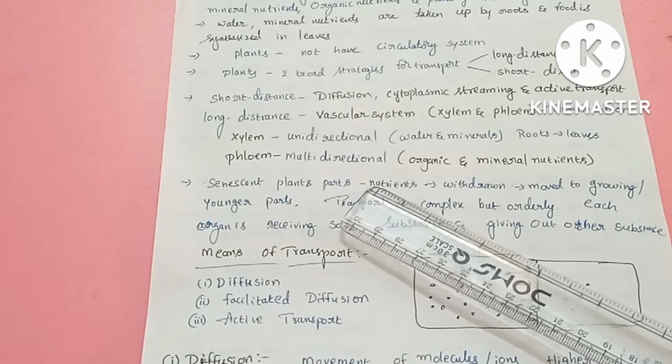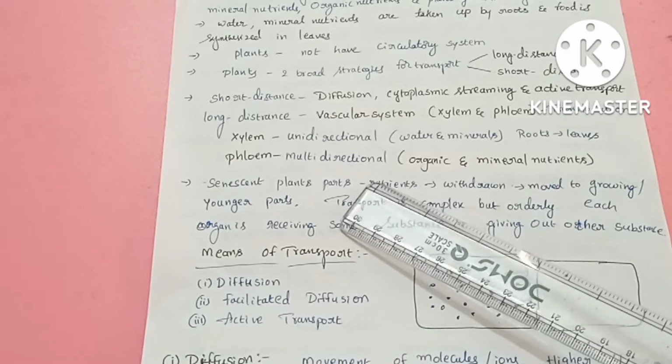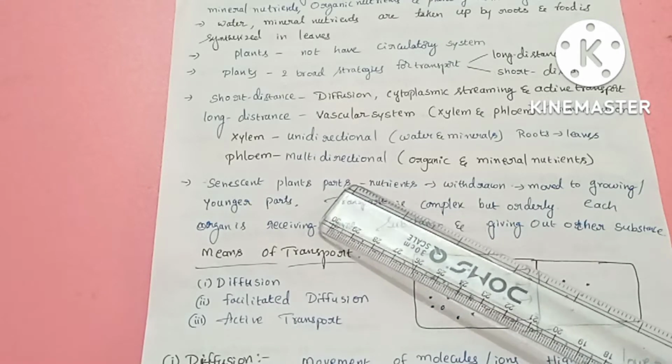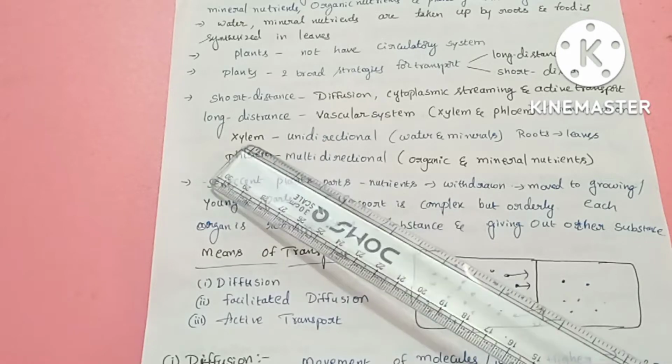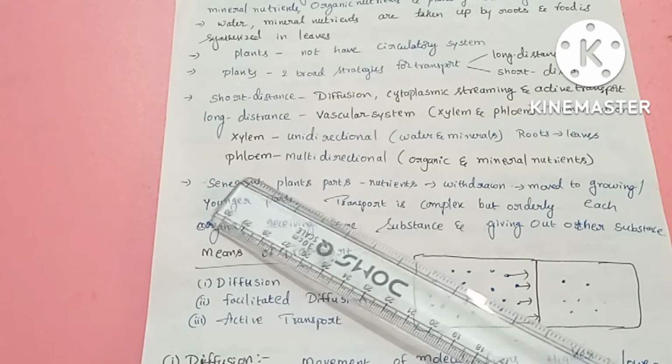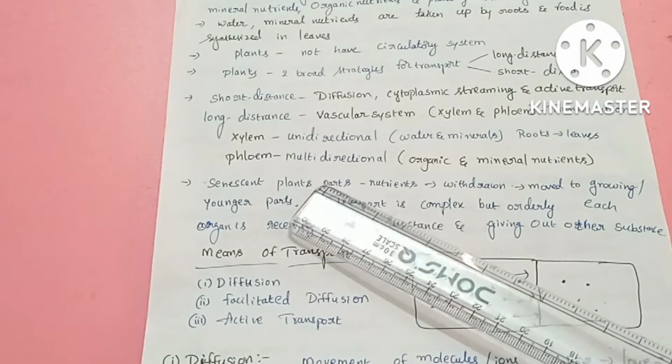In different directions these organic and mineral nutrients are supplied, and it is multi-directional. So in the xylem it is unidirectional, whereas in the phloem it is multi-directional.